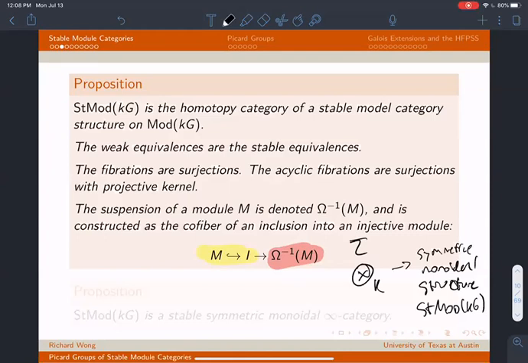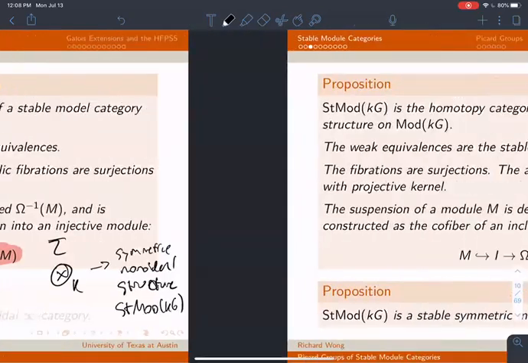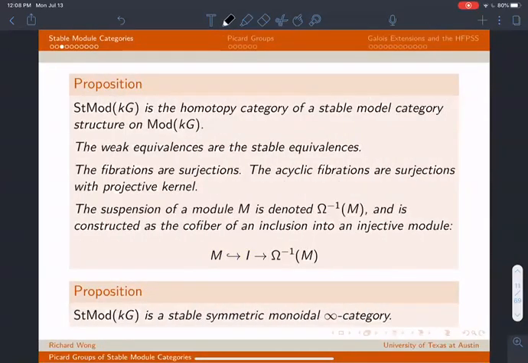Model categories are a classical way to describe homotopy theory, and you can also boost this up to an infinity categorical statement. It turns out the stable module category is also a stable symmetric monoidal infinity category. Infinity categories are just another way to model homotopical structure in a nice way.